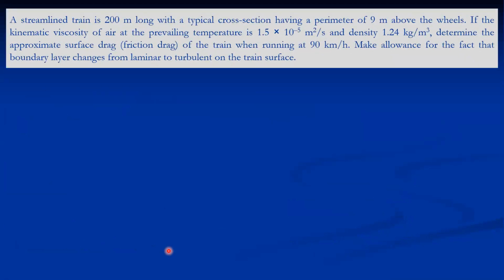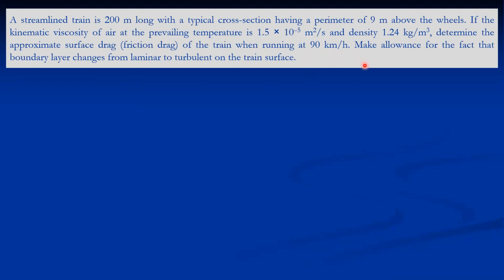Similarly, the second numerical here: the streamlined train is 200 meters long, with a typical cross section having a perimeter of 9 meters above the wheels. If the kinematic viscosity of air at the prevailing temperature is 1.5 into 10 to the minus 5 meter squared per second, and the density is 1.24 kg per meter cube, determine the approximate surface drag, or friction drag, of the train when running at 90 kilometers per hour.